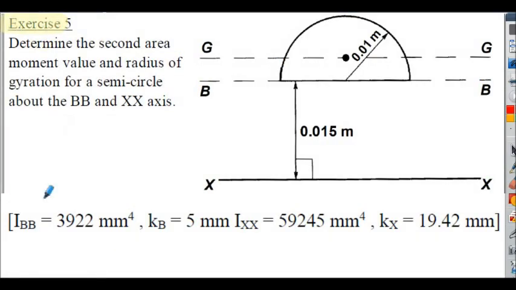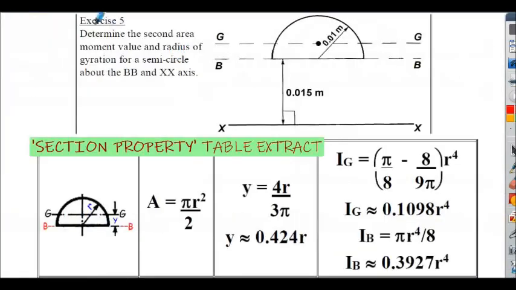Exercise 5 continued. Here are the answers for the second area moments and the radius of gyration. And here's an extract from our section property table showing the various properties associated with the semicircle. I'd encourage you to stop the presentation and attempt this question, but a full worked solution is shown on the following slides.